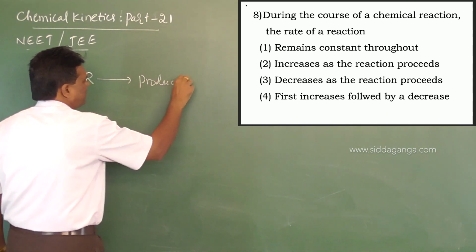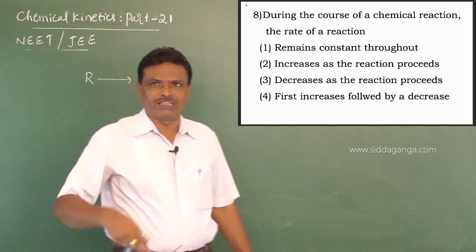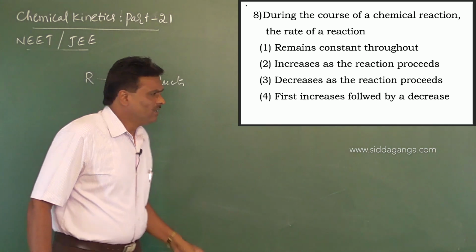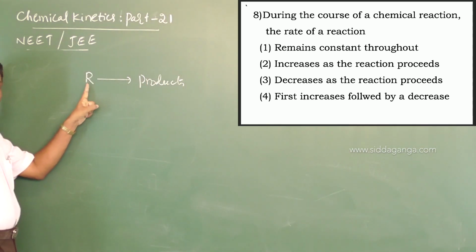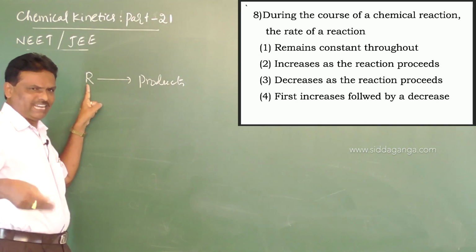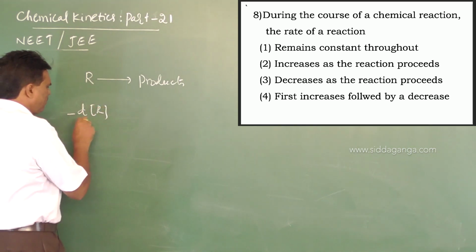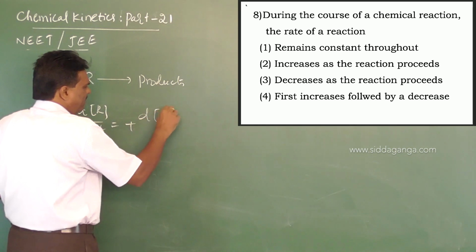We know that as time proceeds, with the lapse of time, the rate with respect to the reactant goes on decreasing. So as time proceeds, minus dR by dt is equal to plus dP by dt.